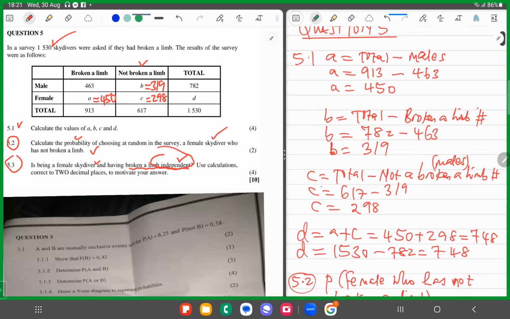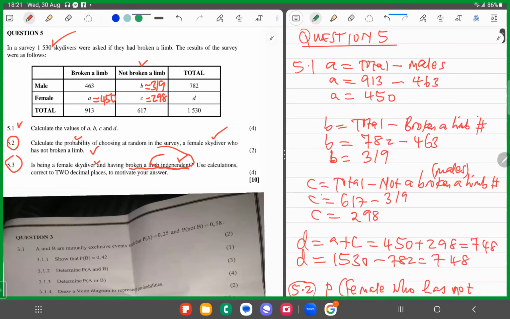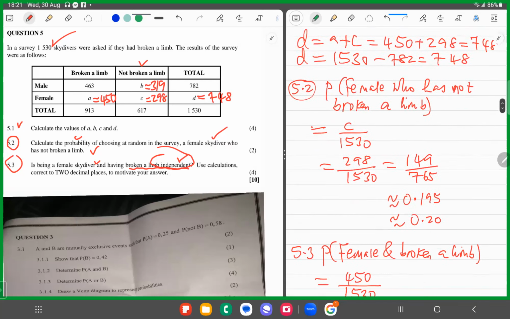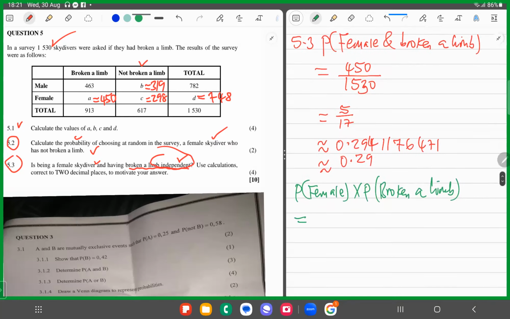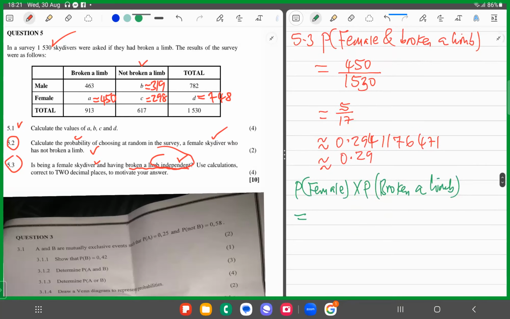D is 748. So what is the probability of female? You take the total for the female, which is 748, and divide by the total, which is 1530.